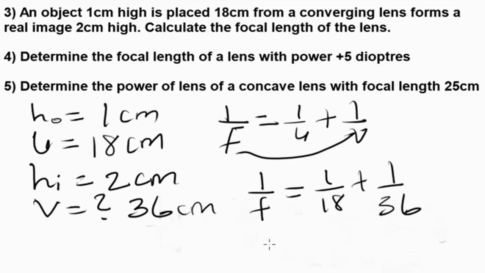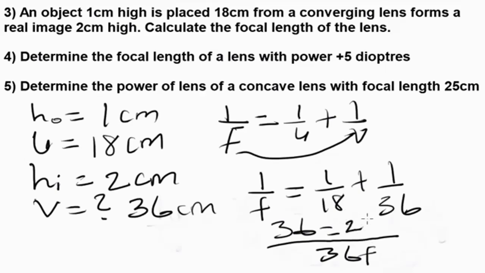So we find the LCM. The LCM gives us 36f. So 36f divided by 18 gives 2f, plus 36f divided by 36 gives f.